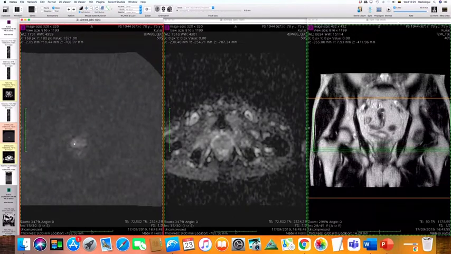So it could be suspicious for local recurrence, but whole body MRI is not so specific for local recurrence. It's more for distant metastasis. So in this case, it would be recommended to do a multiparametric pelvic MRI to say whether this suspicion is really local recurrence in this site or not. So, Justinas?